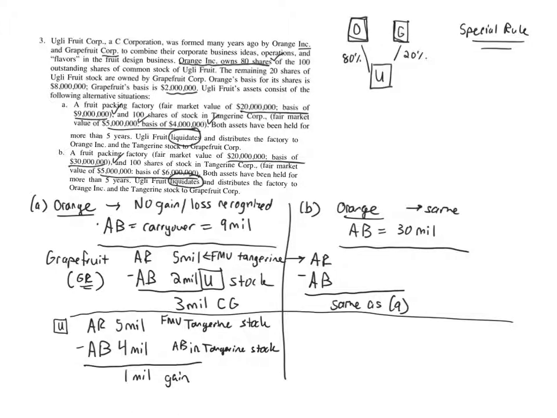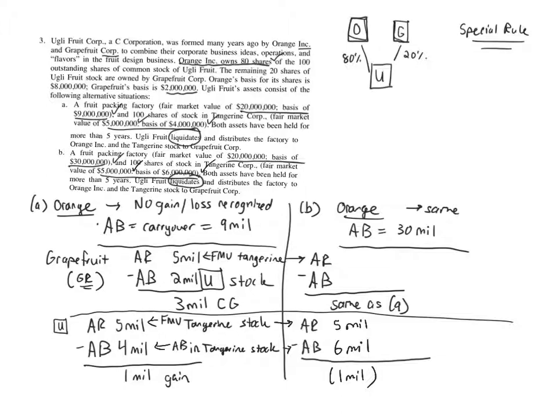In B, we do amount realized minus adjusted basis. So again, it's the fair market value. It's the same things here. The fair market value of the tangerine stock in B is also $5 million. The adjusted basis is $6 million. We've got a $1 million loss.